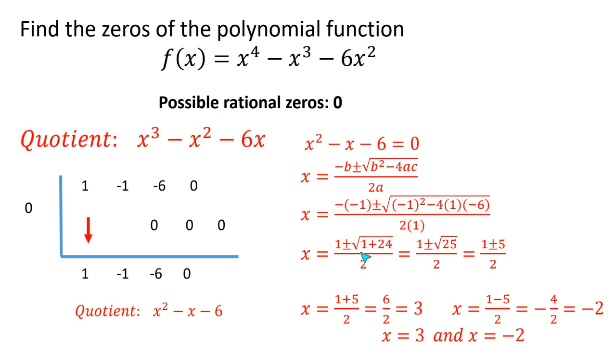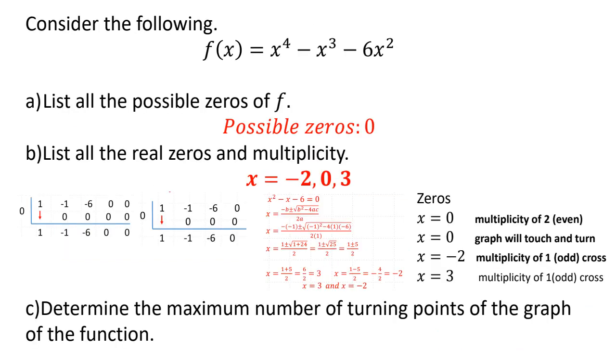If we do the work, then we get that x is equal to 3 and x is equal to -2. So again, x squared minus x minus 6, you could have just factored, but I went ahead and used the quadratic formula so that we can see an example with that. So we have x equals 3 and x equals -2 as 2 of our zeros.